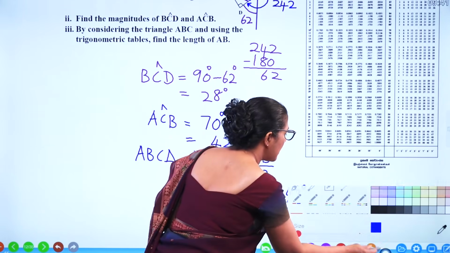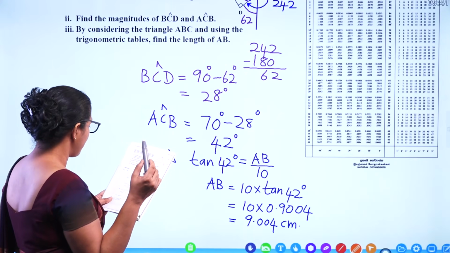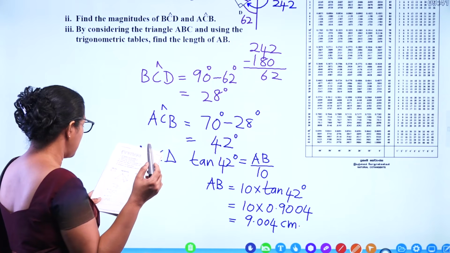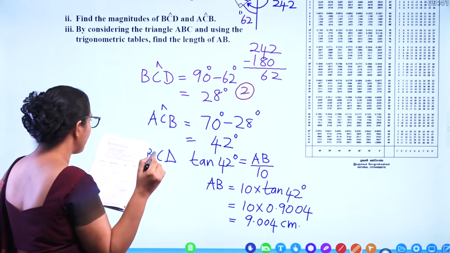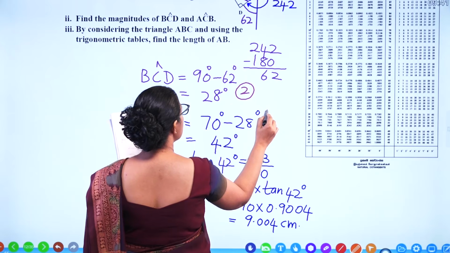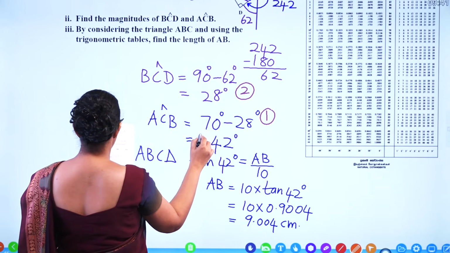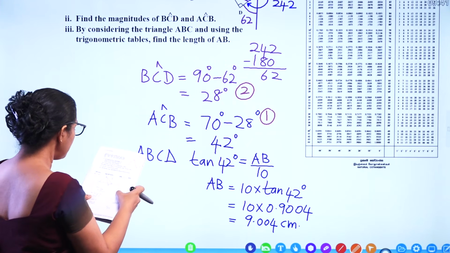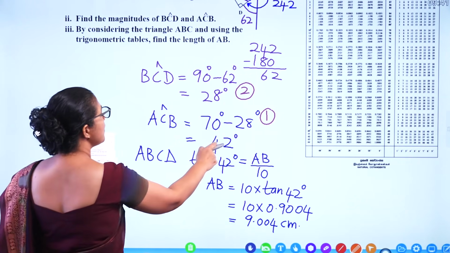So we'll give marks for these questions. You are getting 28 degrees, that's 2 marks. Finding this, ACB 42 degrees, you are getting 3 marks there. Finding this angle and subtracting from this, BCD you got 2 marks and here just 1 mark for this.